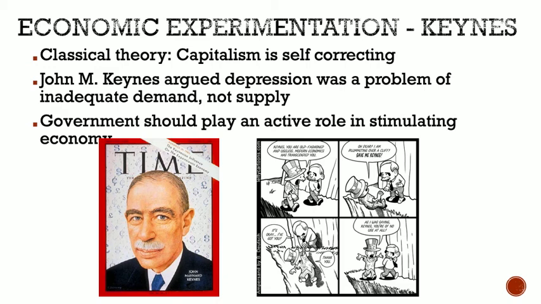So in light of the Depression, you begin to look at other ways the government could try to put people back to work. And so we see economic experimentation take place, and the classical theory of capitalism, that government should mind its own business, laissez-faire, don't get involved, capitalism will self-correct, begins to be replaced by what's called Keynesian economics, the theories of John Maynard Keynes, who argues that the Depression was a problem of inadequate demand, not supply, that the Depression was there because people don't have money, and that the government should play an active role in stimulating the economy, right?